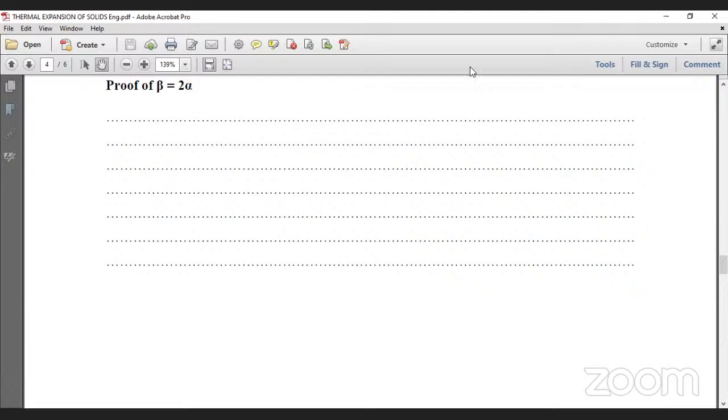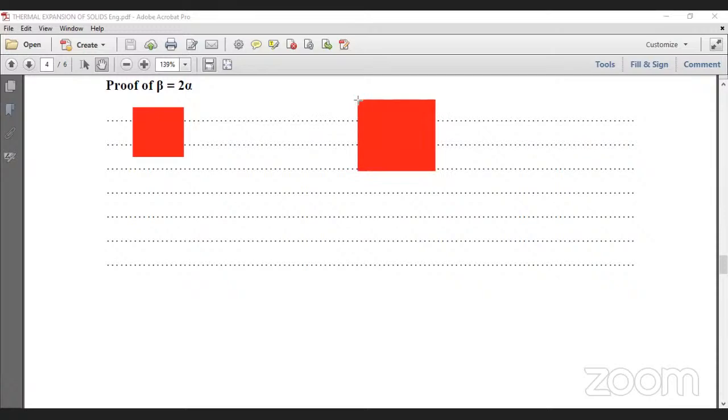I'll show you this. Let's consider a sheet of area. This side is 1 meter and this side is 1 meter.